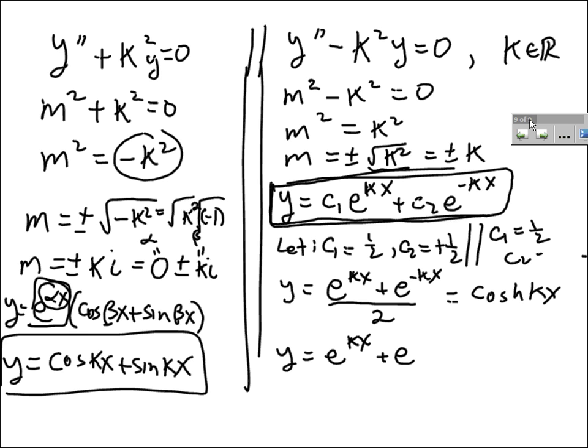C1 is 1/2 and C2 is negative 1/2. So that's just going to make a negative, e to the kx minus e to the negative kx, all over 2. That's the sinh of kx. The one above is the cosh of kx. The hyperbolic cosine of kx on top, the hyperbolic sine of kx on the bottom.